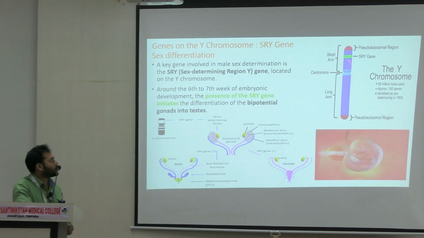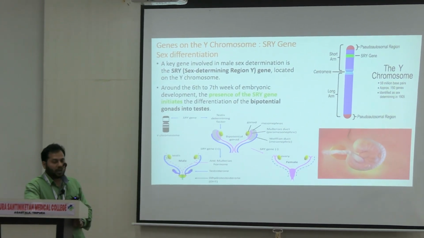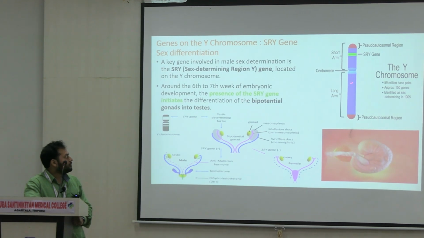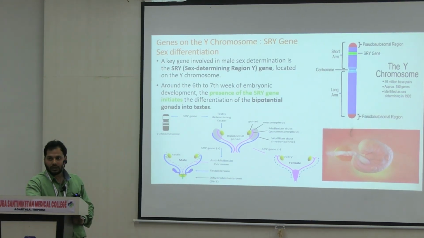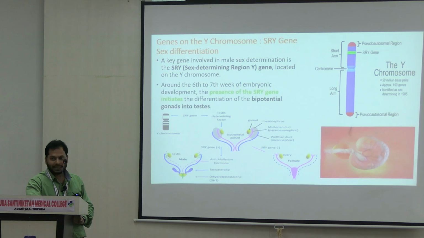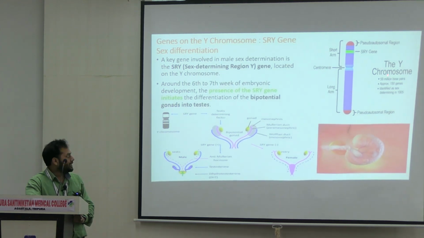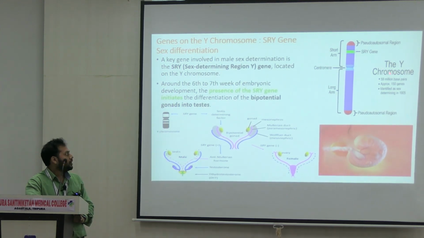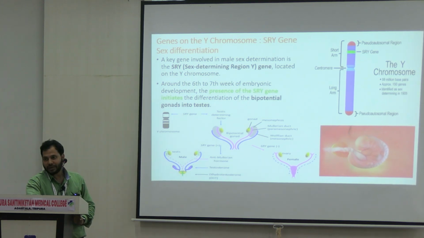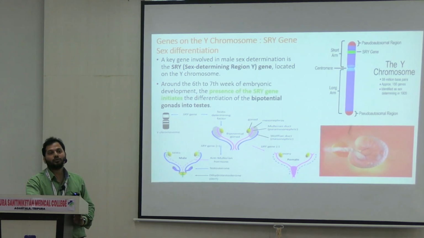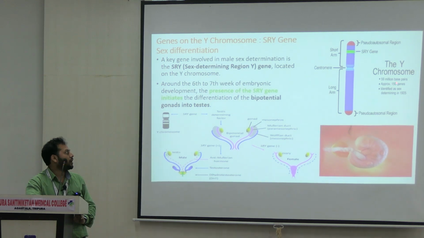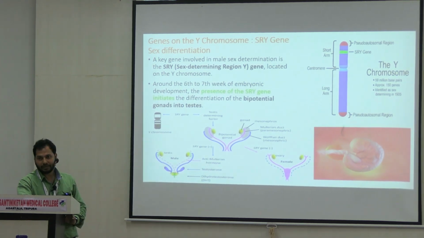You can see here the structure of the Y chromosome. It is composed of two arms. One is shorter than the other. And the most important thing is, it is composed of around 59 million base pairs. It means this Y chromosome contains around this number of nitrogenous base pairs.